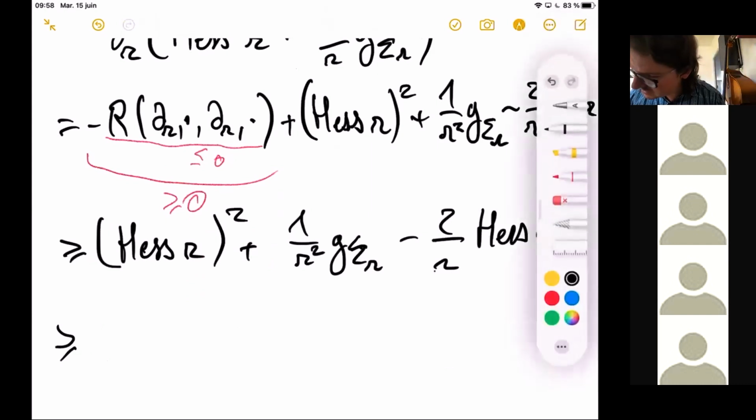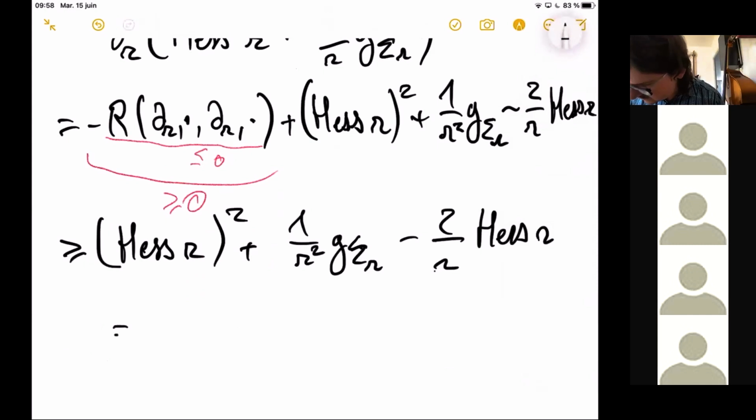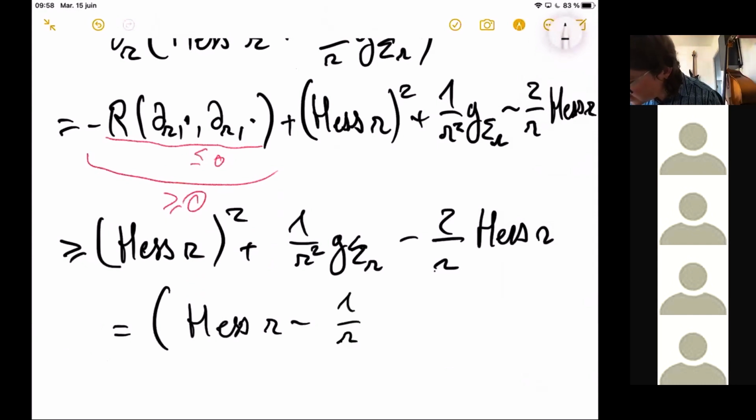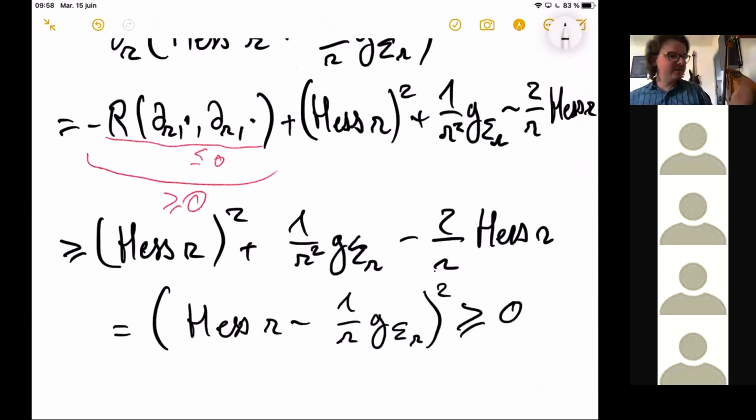You can see that this is just Hessian R minus 1 over R g sigma R, squared. And so as matrices, these are non-negative as quadratic forms.